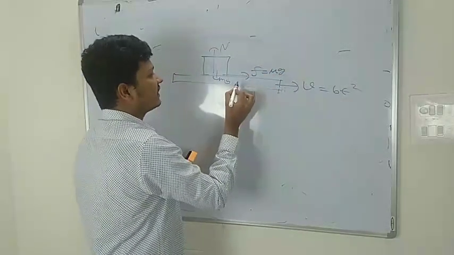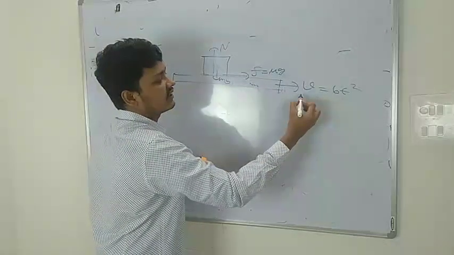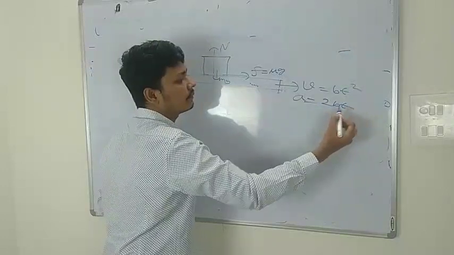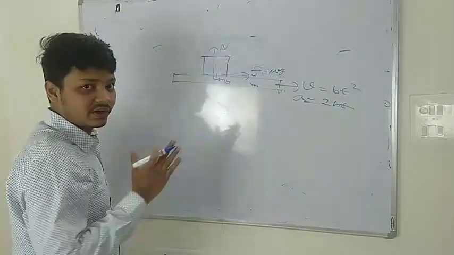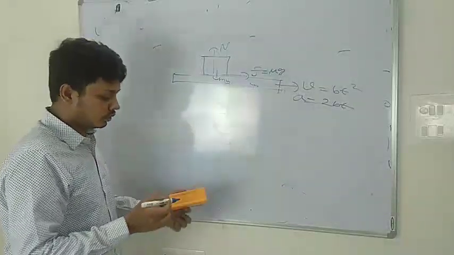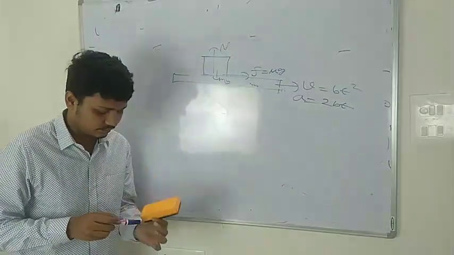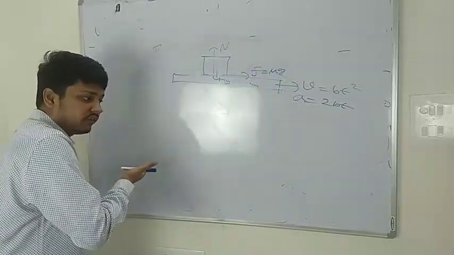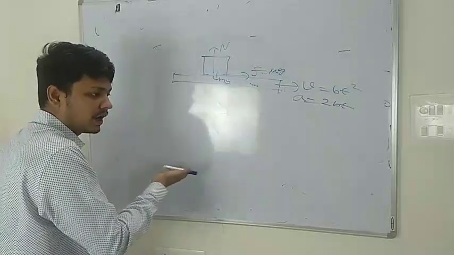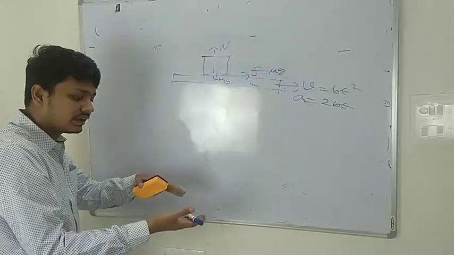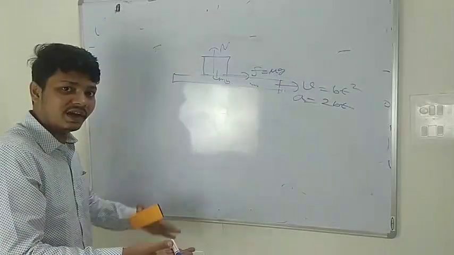So what is the acceleration of the plate? Acceleration is dv by dt, that is 2bt. Let me show with this marker in my hand. If I move the marker slowly, it does not fall because mu is sufficient to keep it in my hand.